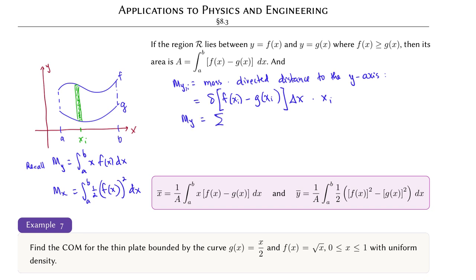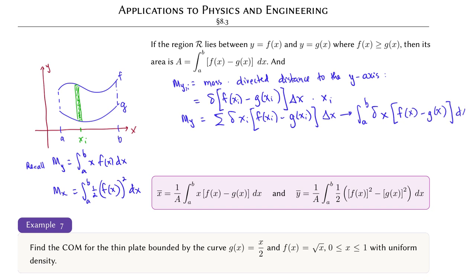The total moment is the sum of the density, xi, times f of xi minus g of xi, delta x. But this as n goes to infinity will give us the definite integral from a to b of the density, x, f of x minus g of x dx.